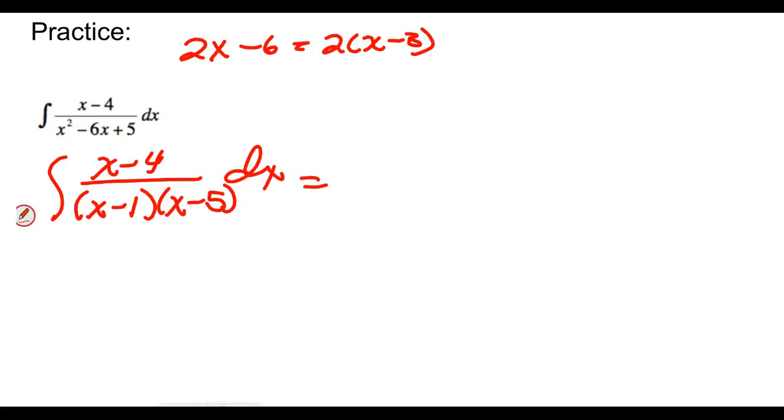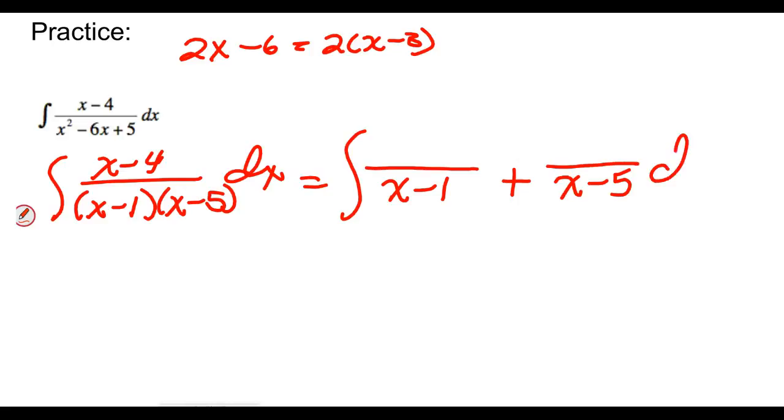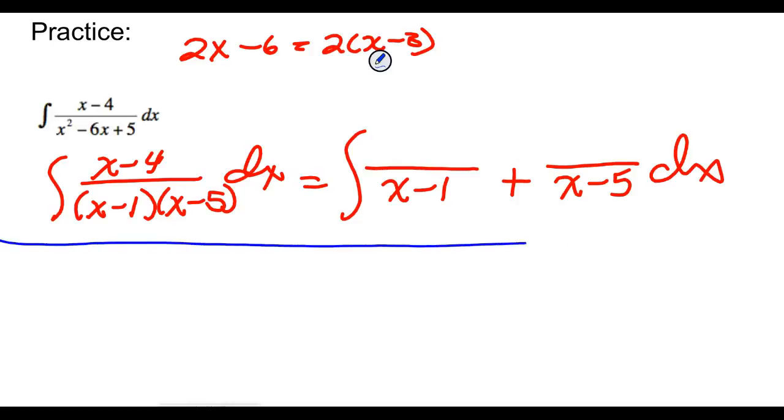Our goal is to break it up into something over x minus 1 plus something over x minus 5, so that I can use natural log and be done with it. I'm going to figure those somethings out, but let's use our new method of strategically choosing. I'll fill that in later. I'm going to do a little workspace.